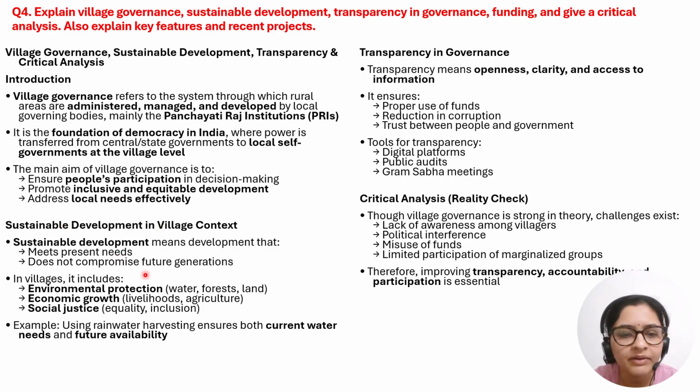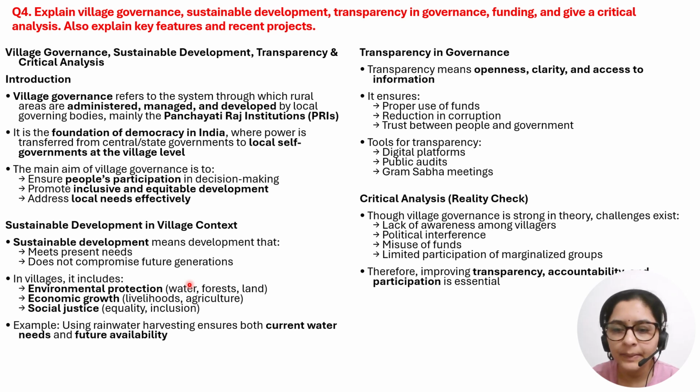What is sustainable development? Sustainable development means the development that meets people's present needs. It does not compromise on future generations. Just because it is focusing on the present needs, it will not let go of the future needs.